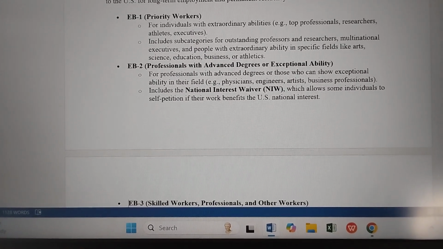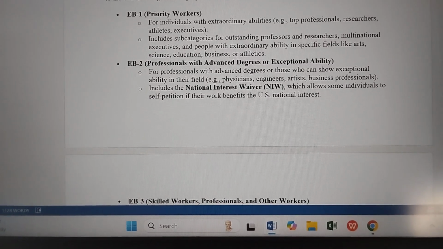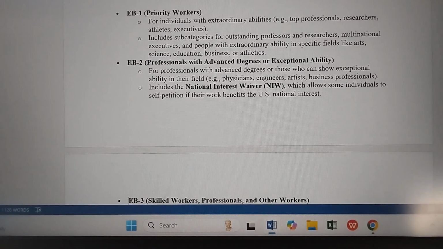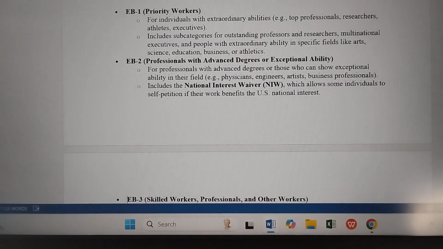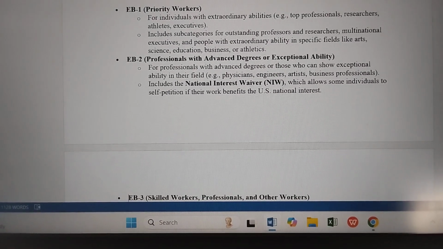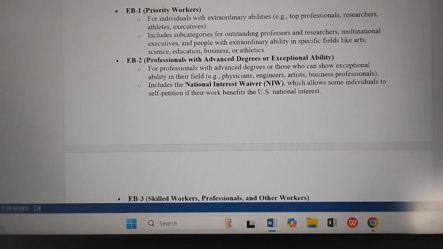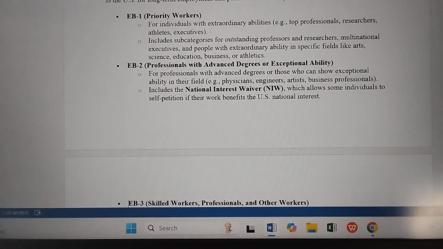It includes subcategories for outstanding professors and researchers, multinational executives, and people with extraordinary ability in specific fields like arts, science, education, business, or athletics. They can also pursue their way to permanent residency by using EB1 visa.